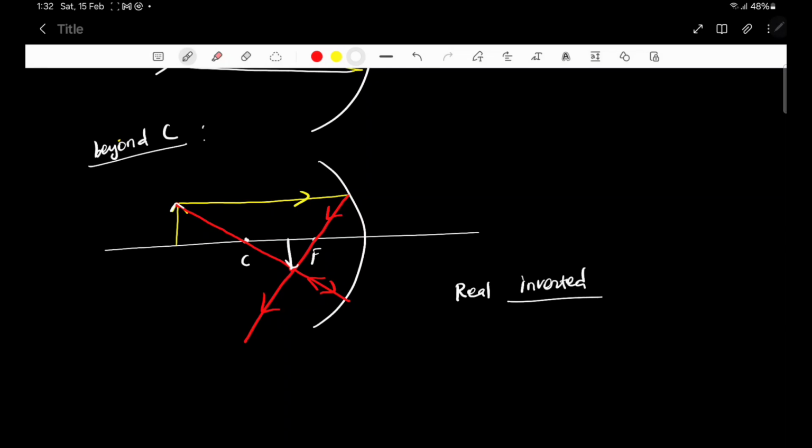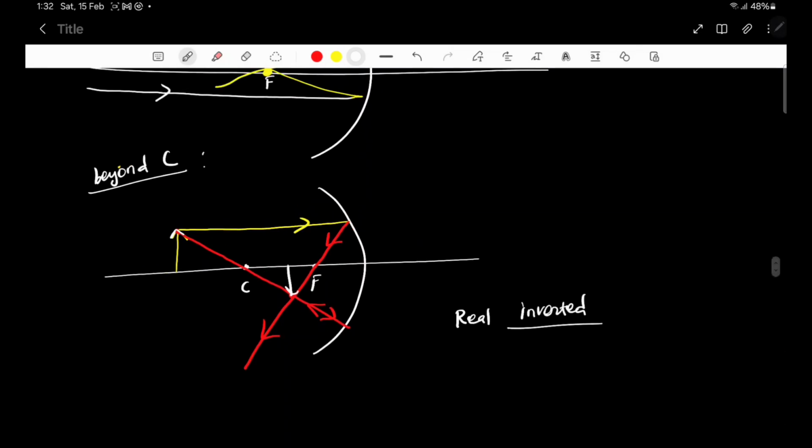Real in the sense, if I place a paper over here, I can hold the image on the paper. I can project the image onto the paper. That's why these kinds of images are called real images. So it's real, inverted and diminished. Comparatively speaking, with the height of the object, the height of the image formed is somewhat smaller. That tells you that the image is diminished in size.